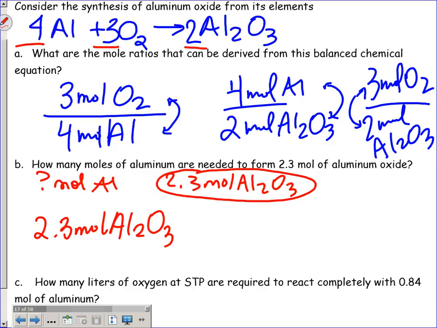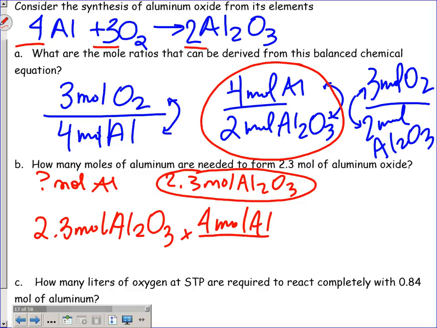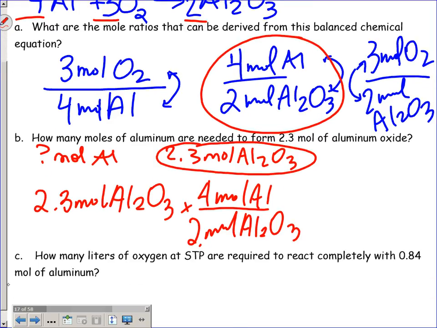Using the mole ratio, which I already have up here, right? Which one is the right one? This one? So I'm going to take this. Do I write it as is or do I flip it? As is, because my moles of aluminum oxide are in the correct place, right? So I'm going to put 4 moles of aluminum on top and 2 moles of aluminum oxide on the bottom, and that's going to allow for my aluminum oxide to cancel.